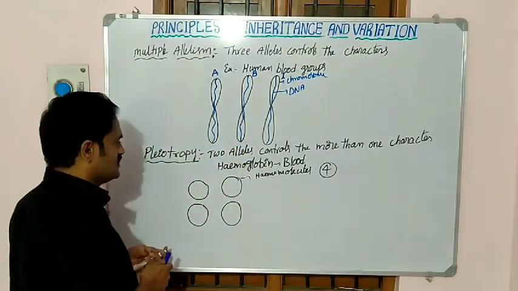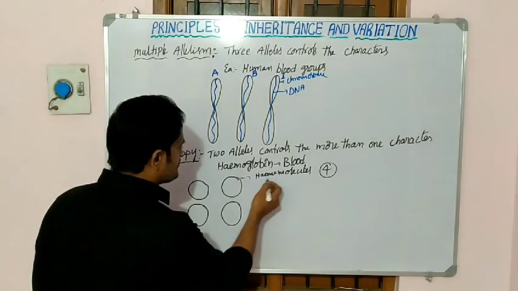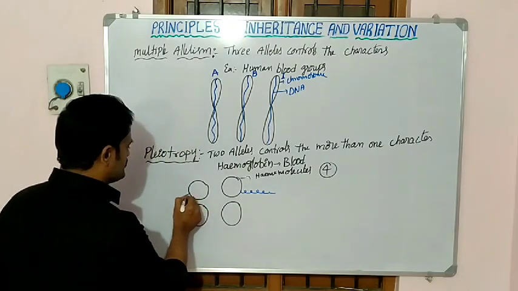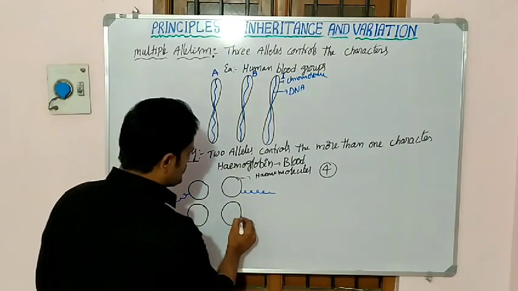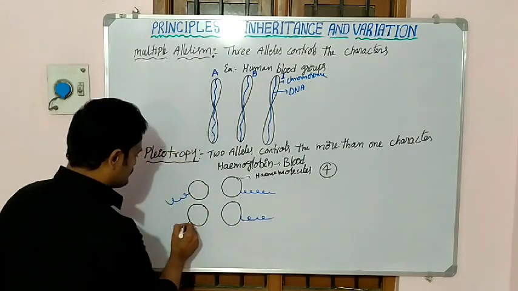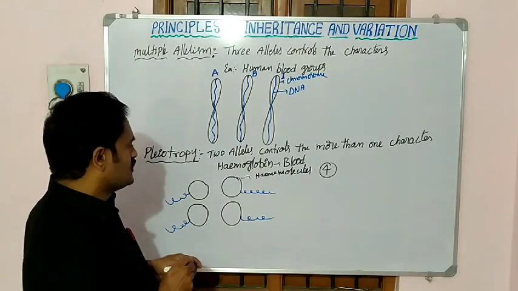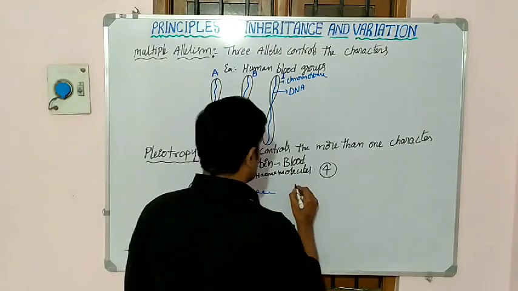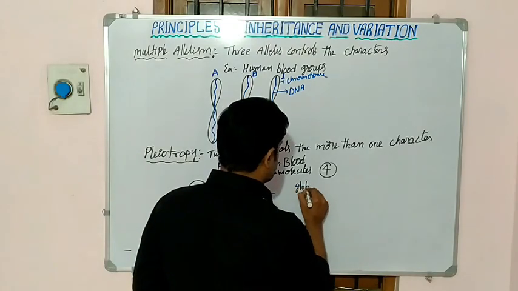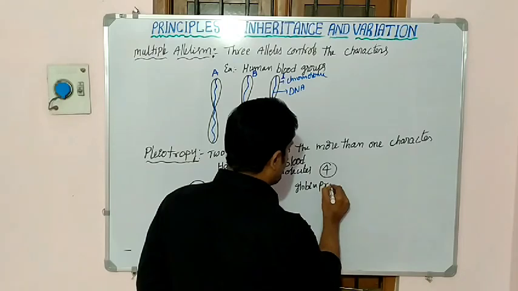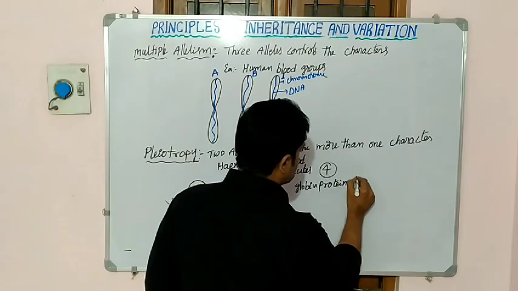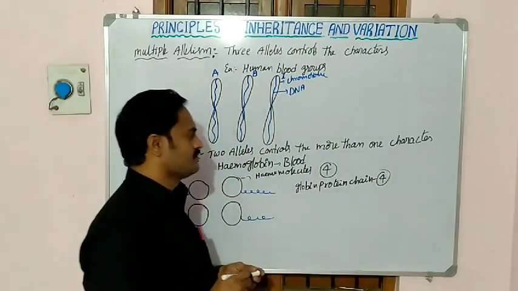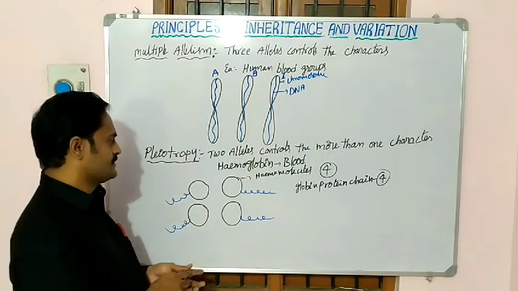Each heme has one globin chain. This is one globin chain, this is one, this one also one, and this one also one. Nearly 4 globin protein chains.